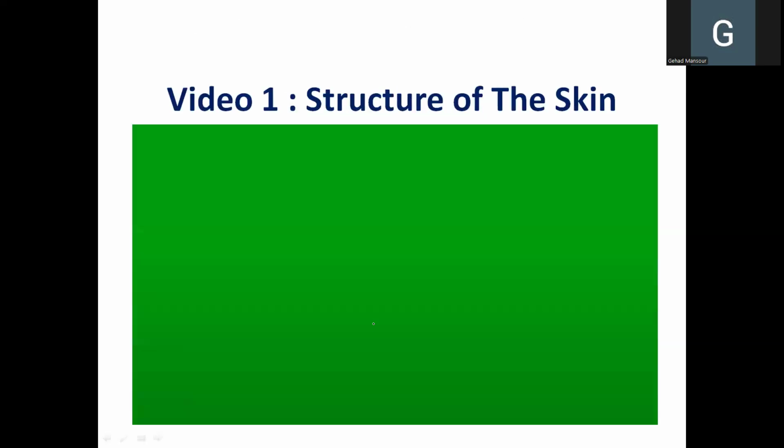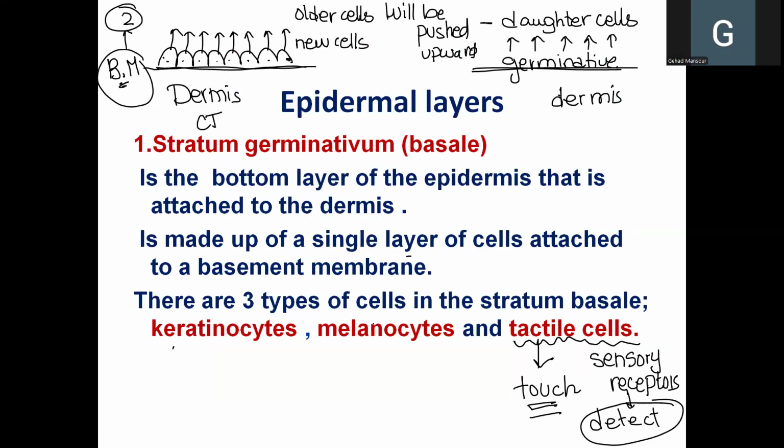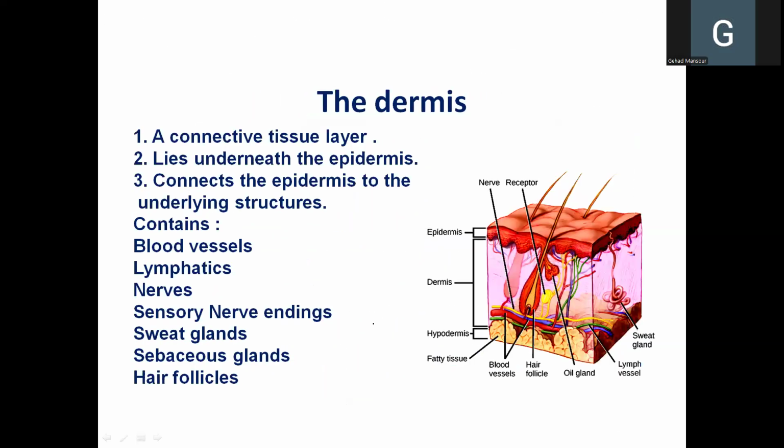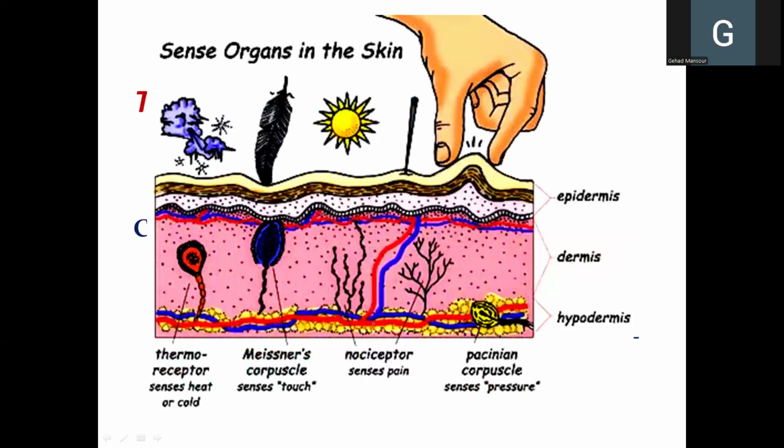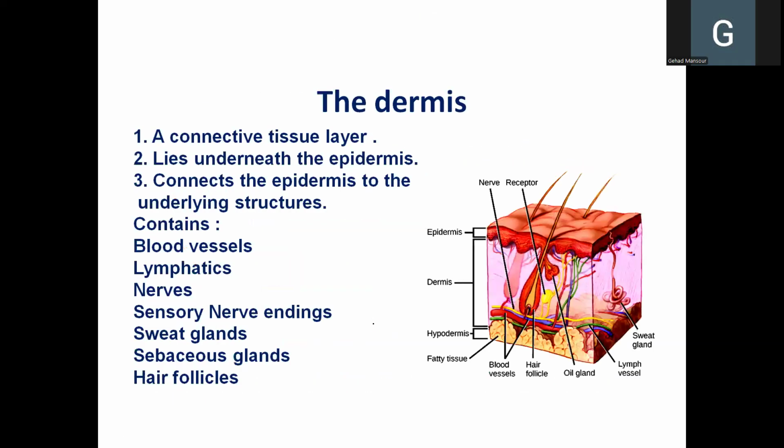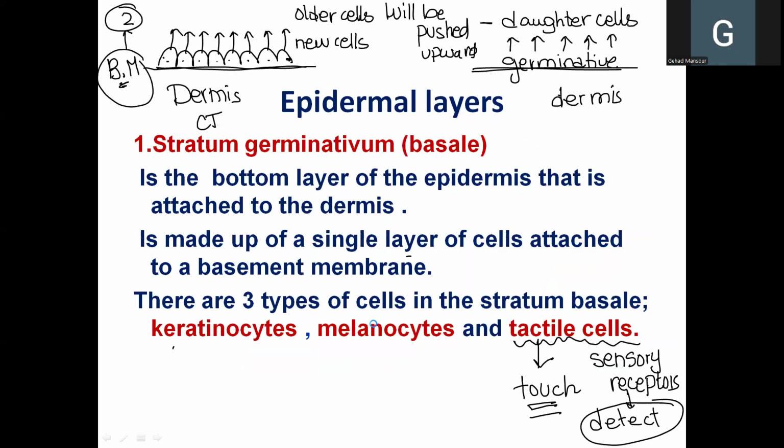Because if we have a clear picture of the dermis, we will see that the dermis is full of nerve endings. So, like here, for example, you can see how we have several sensory nerve endings on the diagram, and all these sensory nerve endings will be discussed in detail, and they have one important function, which is to detect sensation.